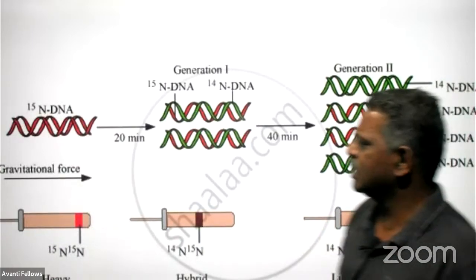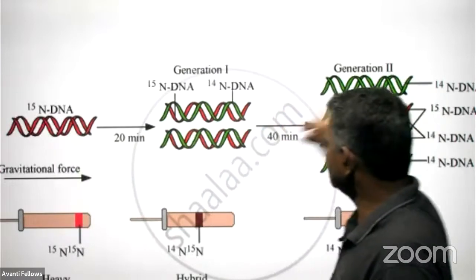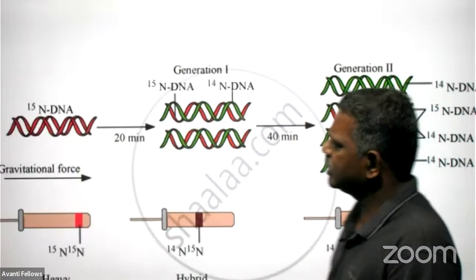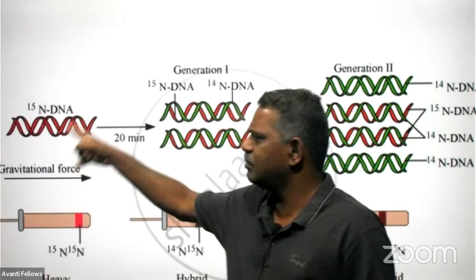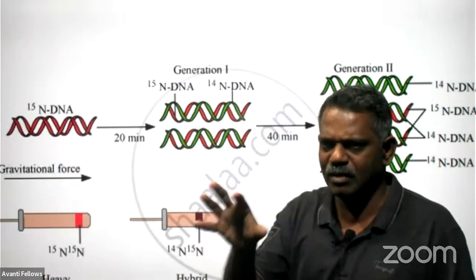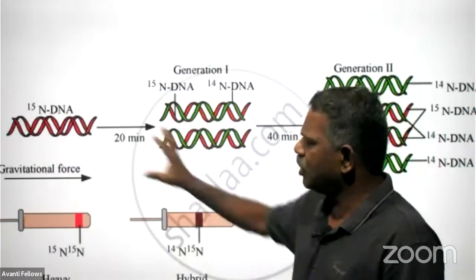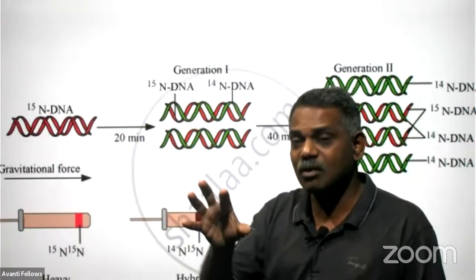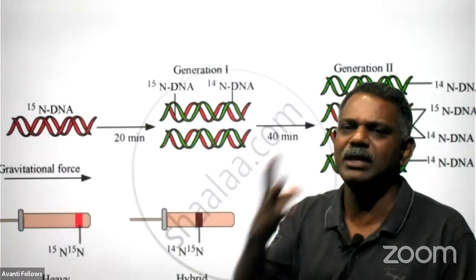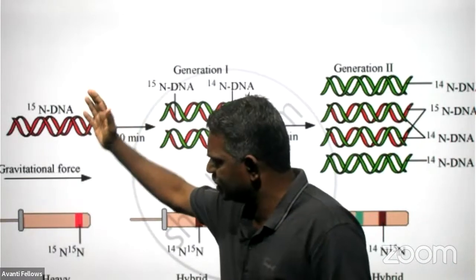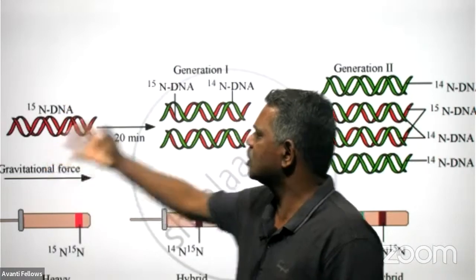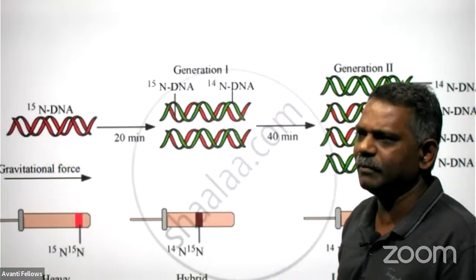The same thing you can see here. This is the diagram present in your textbook. This is the heavy DNA, formed by the incorporation of heavy nitrogen isotope in both DNA strands after keeping E. coli in that medium for many generations. After that, you take this E. coli from the heavy isotope and put it into N14 medium.